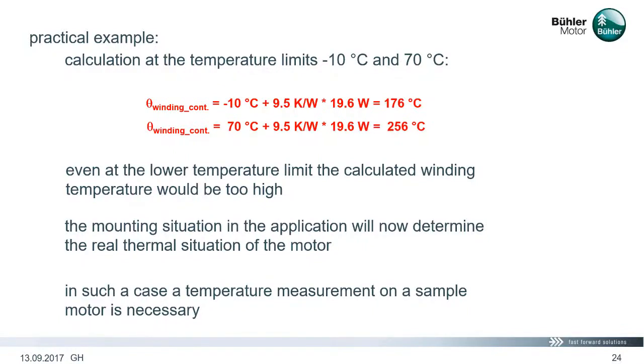We remember that the winding temperature should not exceed 150 degrees C. In many cases, the mounting situation in the application helps to reduce the thermal resistance, which results in lower winding temperature.